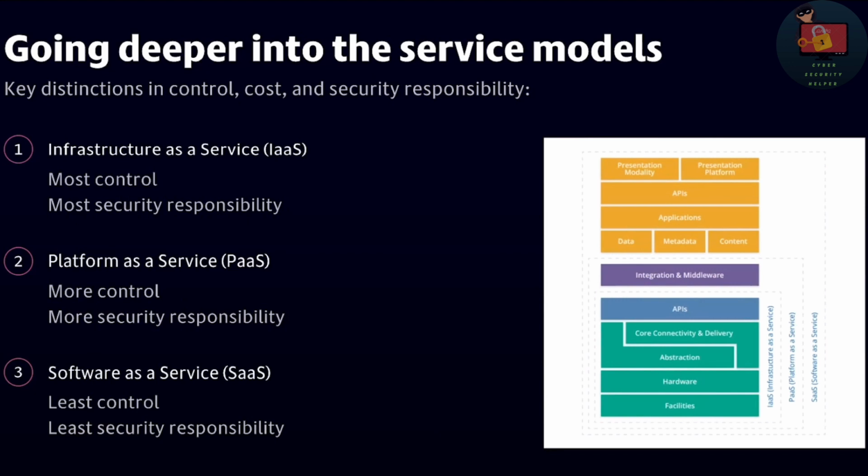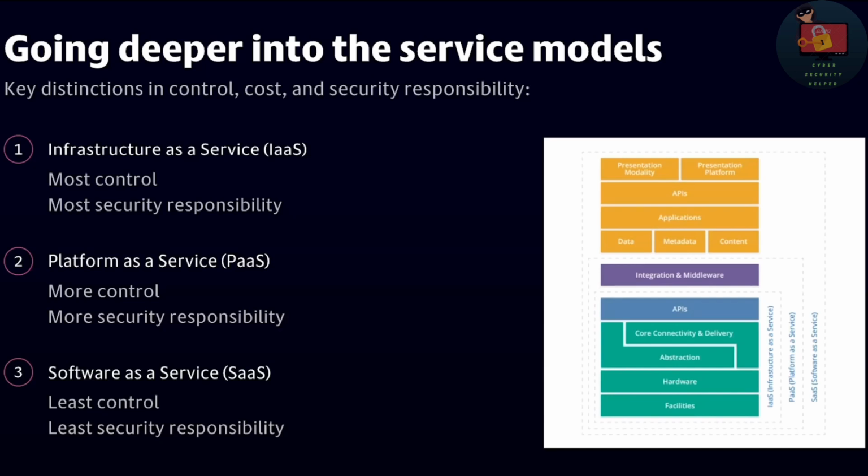All right, let's go deeper into these service models. Each comes with its own distinct controls, costs, and security responsibilities. Infrastructure as a service, this is where you really have the most control. Over here on the right-hand side in the graphic, we see the components that are incorporated into infrastructure as a service.